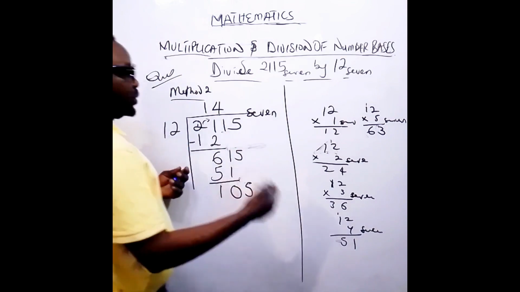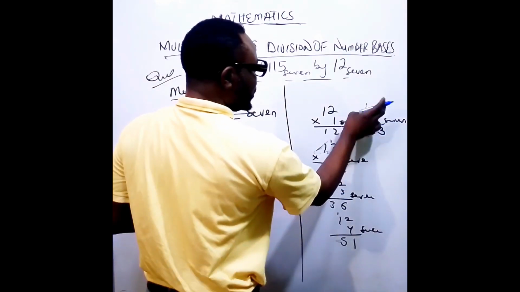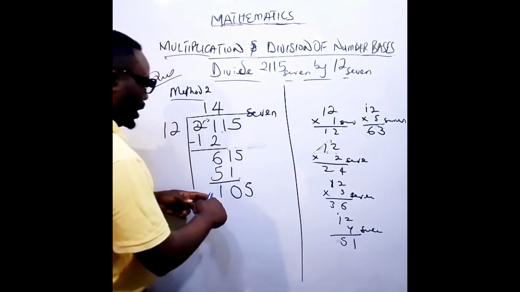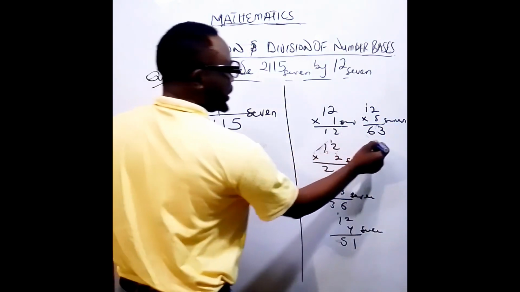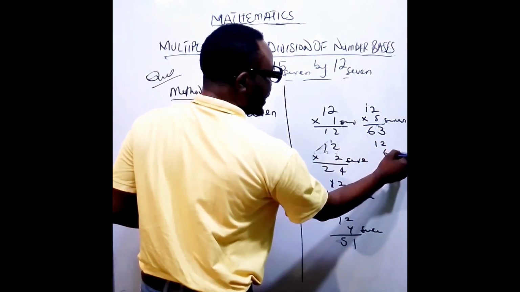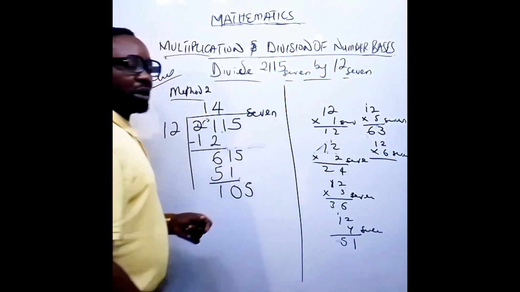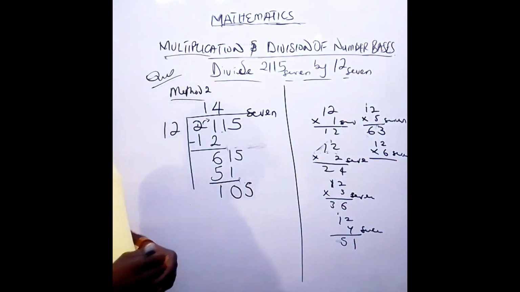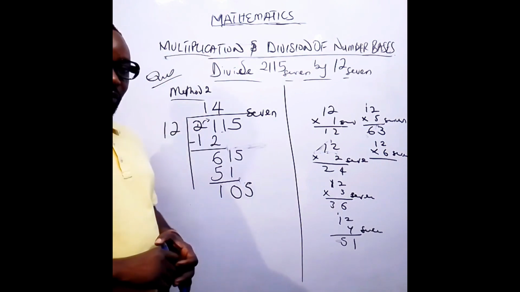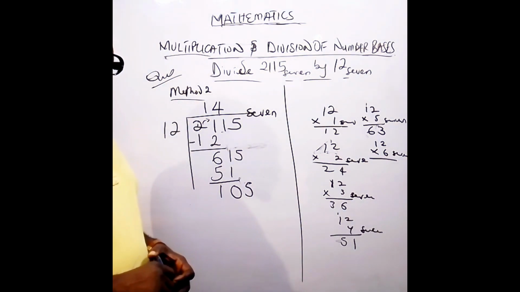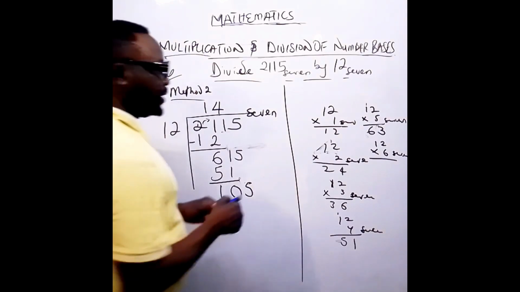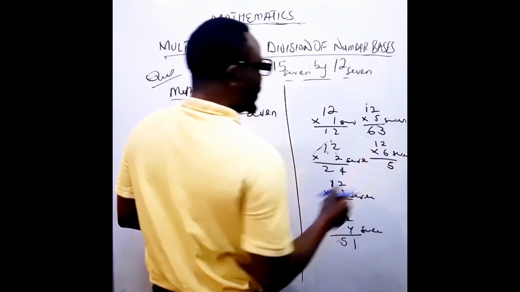So 12 in 105, I've gotten 12 times 5 to be 63. What about in 105? Let me look at 12 times 6 now in base 7 as well. 6 times 2 is 12. 12 minus 7 will give us 5. Now, we have gotten 5 there.